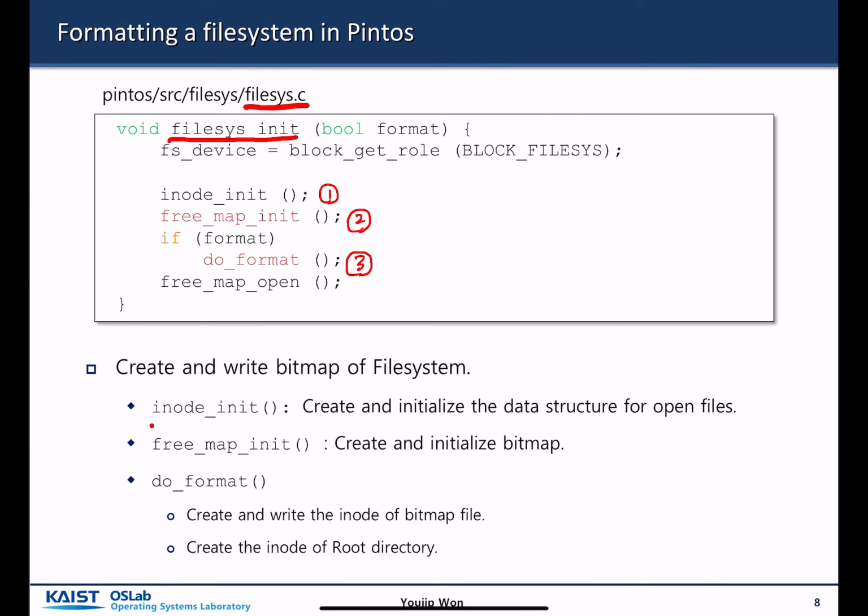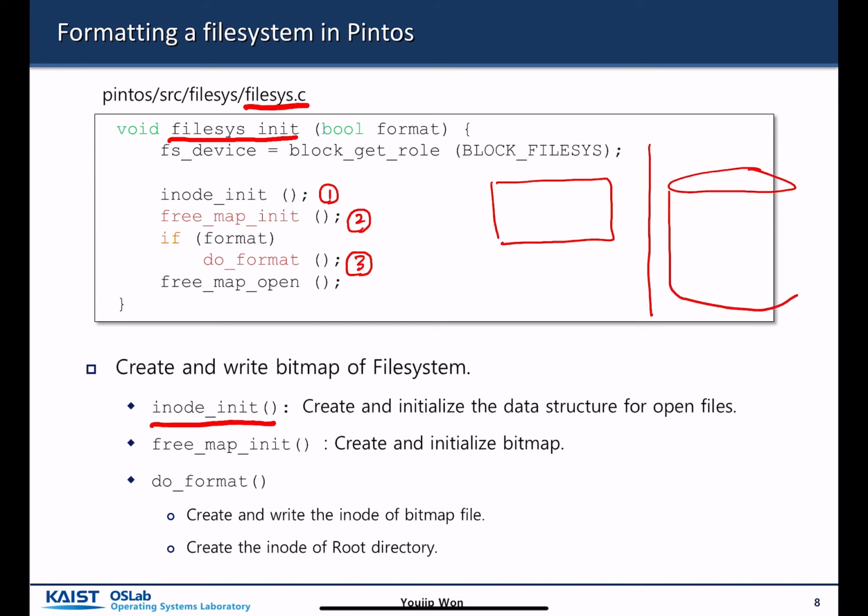First, the function inode_init creates and initializes the data structure for open files. When the file system first boots up, there are two basic words in computer systems. First one is memory. The second one is disk.